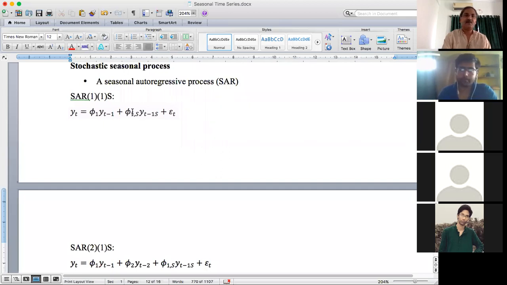Okay, so we have to concentrate on this part and this part to find out the stochastic behavior in your data.